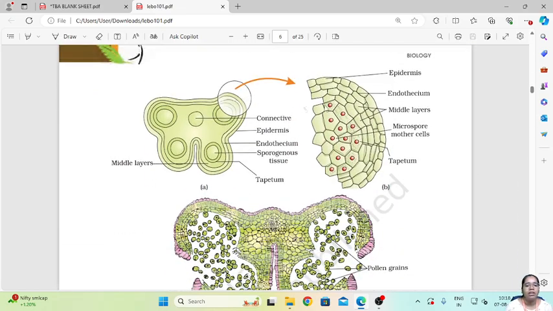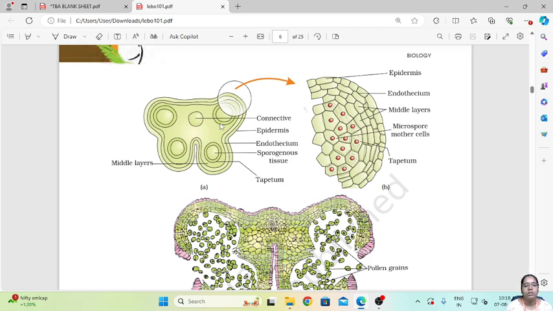So the anther consists of epidermis, that is the outermost layer. Then comes the endothecium, which is the inner layer below the epidermis. Then comes 2 to 3 layers of middle layer, which is storage parenchymatous cells. Then comes the sac-like organ called the sporangium, which consists of sporogenous tissue which will further differentiate into pollen grains.